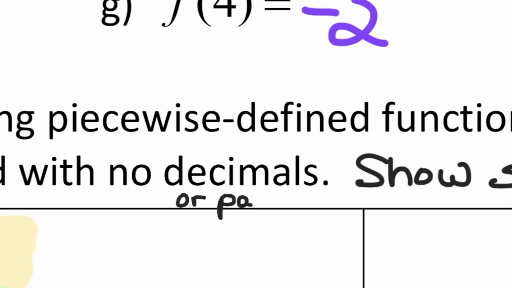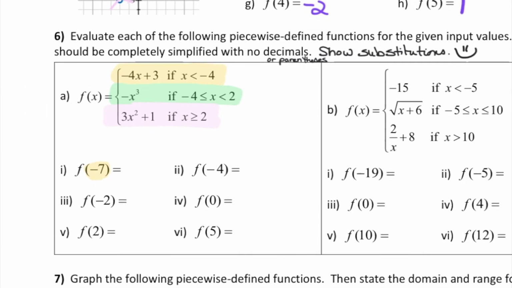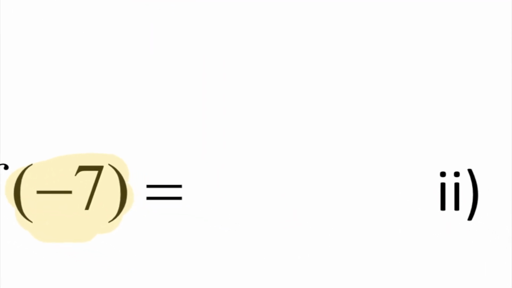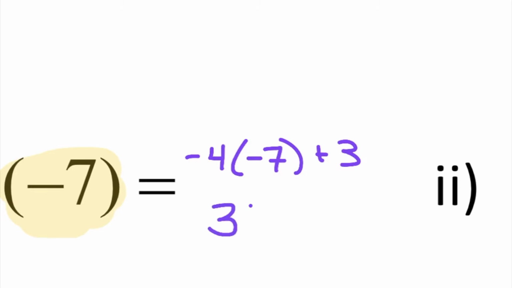No parentheses either. These may be in your directions by the time you get this packet. Anyway, negative 7 is less than negative 4, and so I'm going to substitute that into negative 4 times negative 7 plus 3, and so your answer for this number, Roman numeral little 1, is going to be positive 31.